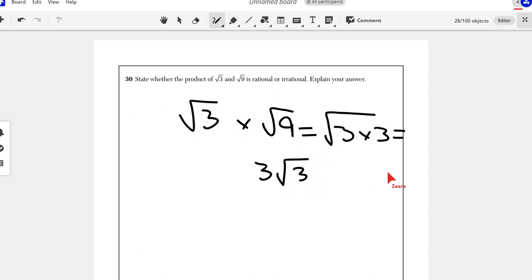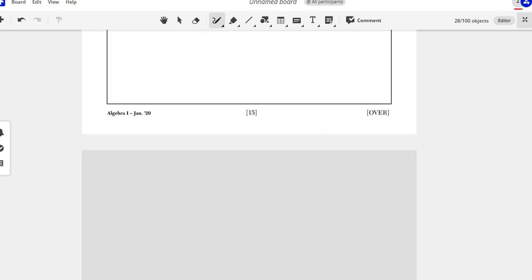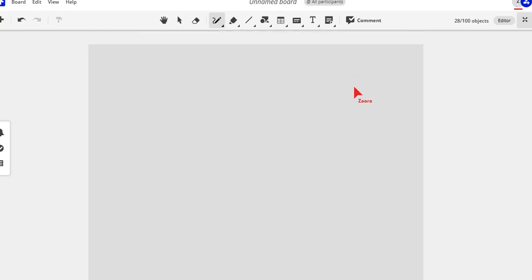So the answer I got was that 3 is an irrational number. Multiplying it with a rational number results in an irrational number. So you just have to select the irrational number. Scroll down to the next question.